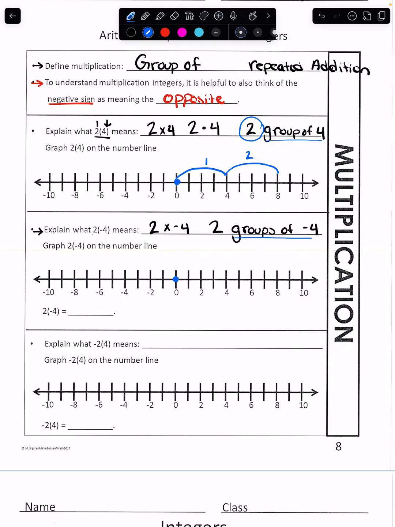This says I have groups of negative 4. So I'm going to start at negative 4. That's one group. And then this first number here says how many groups I have. And I have 2. So I'm going to make one more group. I end up at negative 8.